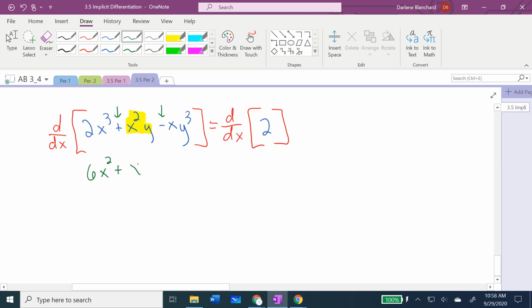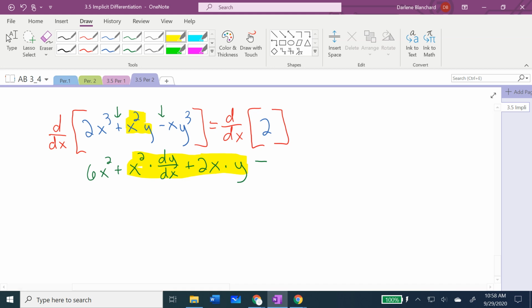So product rule: keep one of them, multiply by the derivative of the other one with respect to x. Plus, this time take the derivative of x squared with respect to x and keep the y. So all of this is taking the derivative of the x squared times y piece.